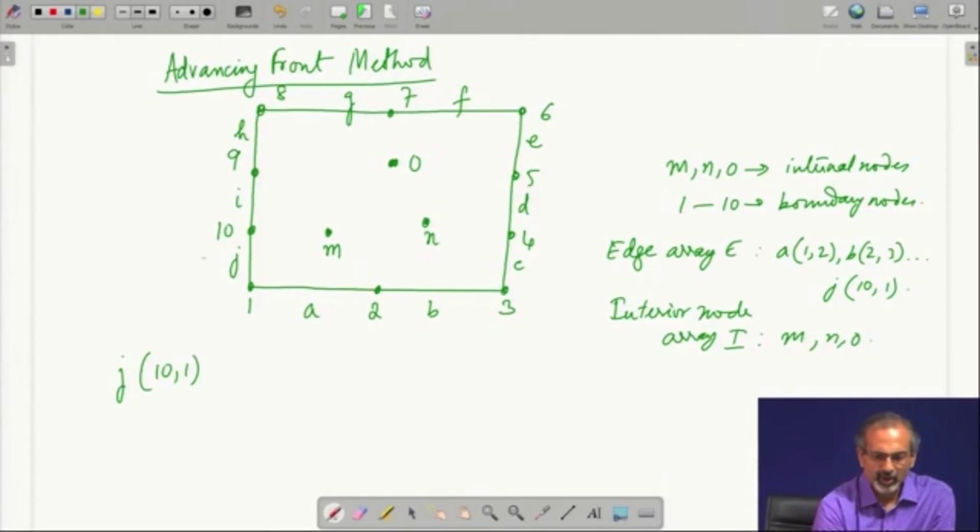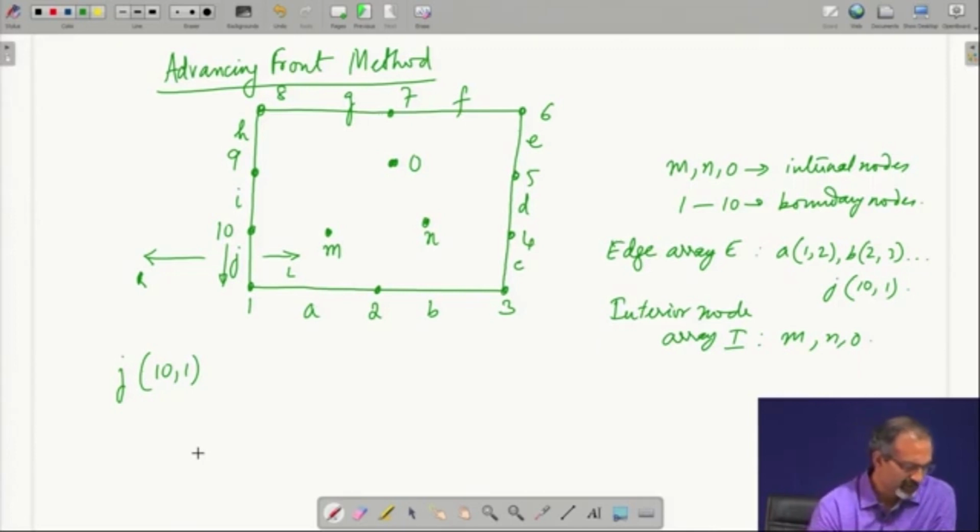The right will point out of the domain, left will look into the domain. Note that you are orienting yourself in the direction 10 to 1. In that direction, this is your right and this is your left. So, if you are looking to the left, only then you will see the internal nodes.